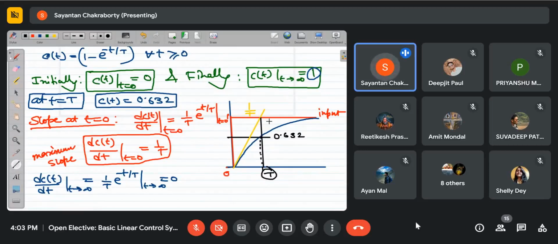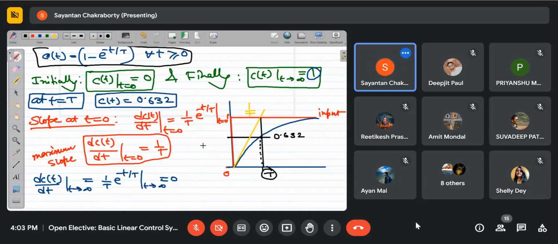But since it is not possible, the slope is continuously reducing, and finally at t tends to infinity, it becomes 0. We are getting an exponential curve given by this expression. Right. That is an important aspect of this time constant form.